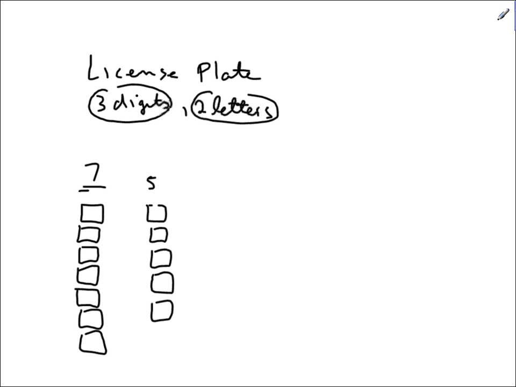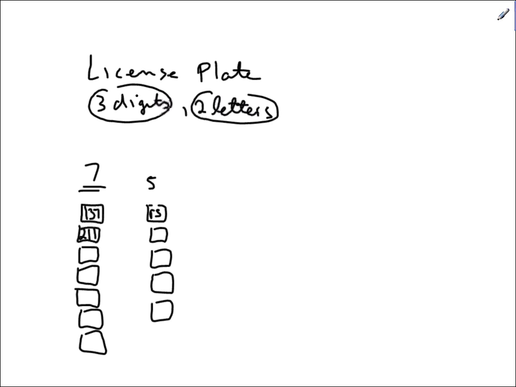So, under the 7, all the different 3-digit plate numbers you can have. Maybe the first one is 1, 3, 7, and the next one is 2, 1, 1, etc. And for the letters, we have 2 letters.